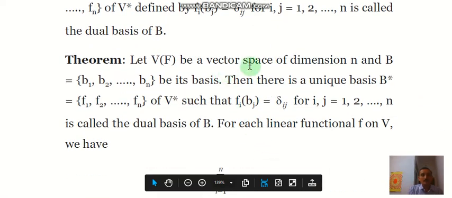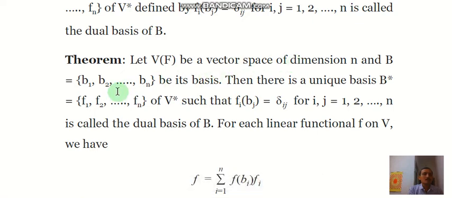Let V(F) be a vector space of dimension n and B = {b1, b2, ..., bn} be its basis. Then there exists a unique basis B star = {f1, f2, ..., fn} of V star such that fi(bj) = Kronecker delta ij for i, j varying from 1 up to n, and this is called the dual basis.